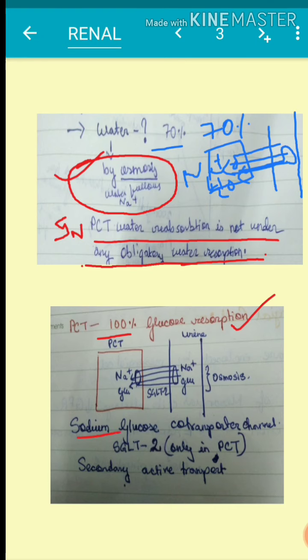It occurs by the sodium glucose co-transporter channel, or we can denote it as SGLT2. And this type of co-transporter channel is found only in the PCT. And this process by which the sodium and glucose get resorbed by the SGLT is called secondary active transport.